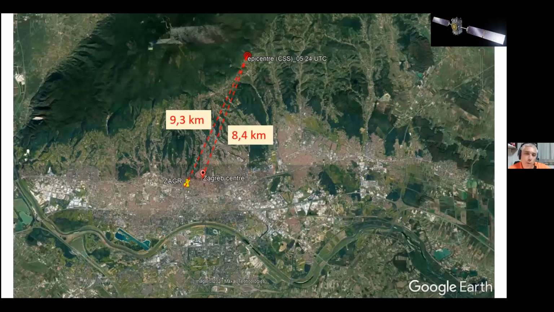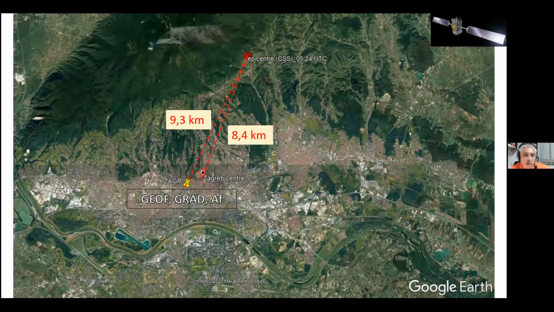The epicenter was quite close to the center of the city, 8 kilometers away, and at 9 kilometers there is a Zagreb station marked with a yellow pin.